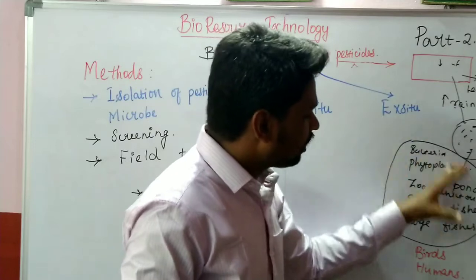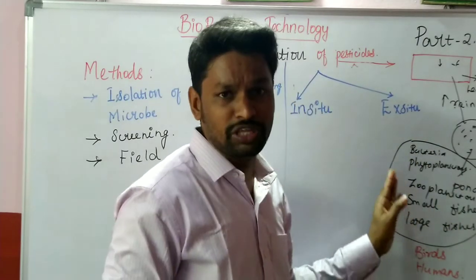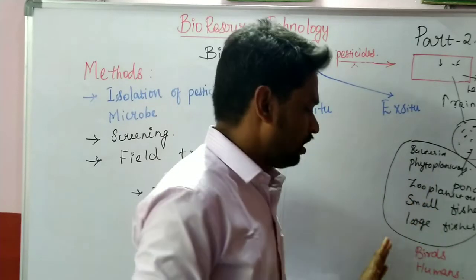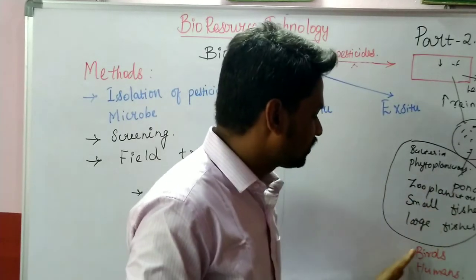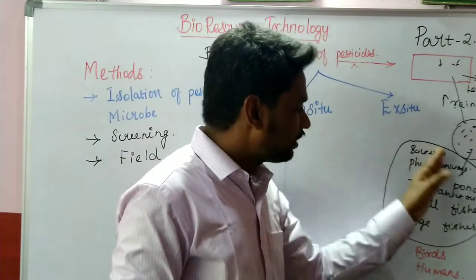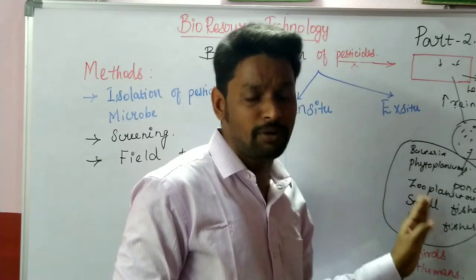Okay, so all these have a food chain. These organisms are interconnected, sharing the food chain, and they are eaten by birds followed by humans. So all the organisms are connected in the food web or food chain.